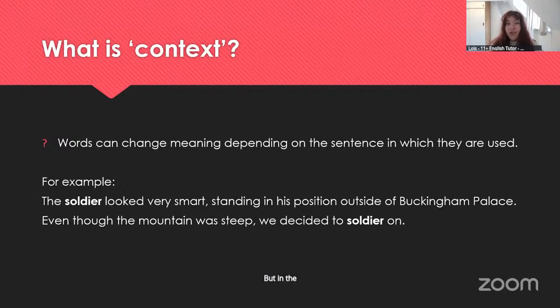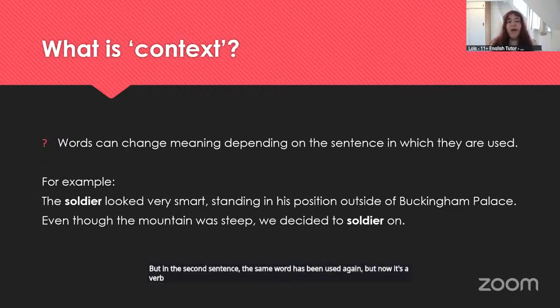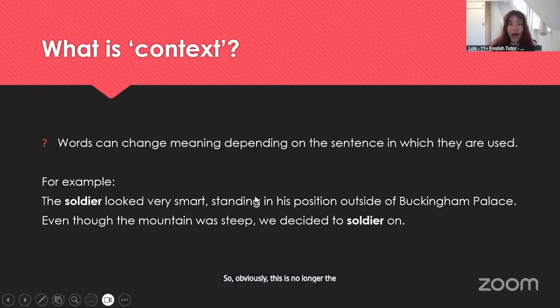But in the second sentence, the same word has been used again, but now it's a verb. Even though the mountain was steep, we decided to soldier on. So obviously this is no longer the noun soldier. This now means the act of continuing, carrying on despite a challenge.